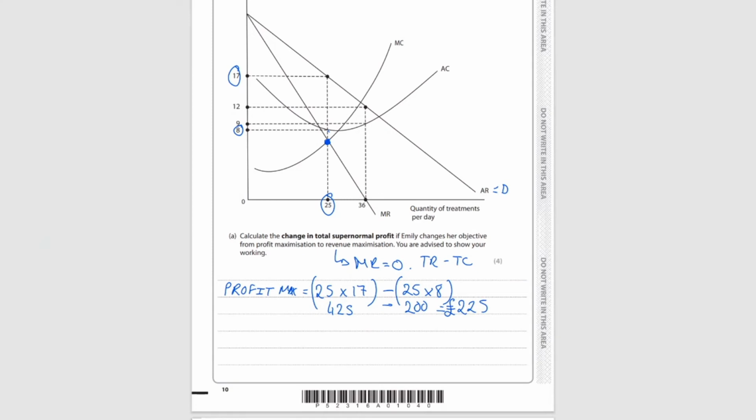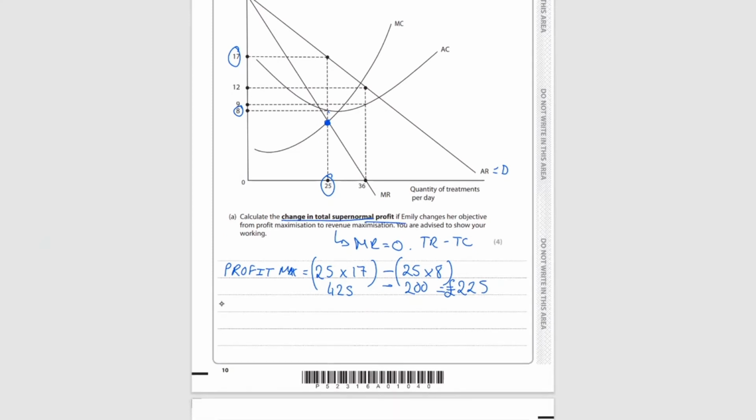Okay, so it's asking for the change in total supernormal profit. Secondly, we need to work out the revenue max, which is going to be here, 36. So if I work out the revenue again, I go to 36 and go all the way up to the demand curve to this point, and I go across and I sell 12. 36 times 12 gives me 432.